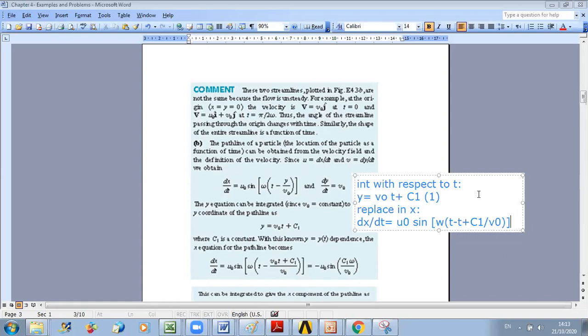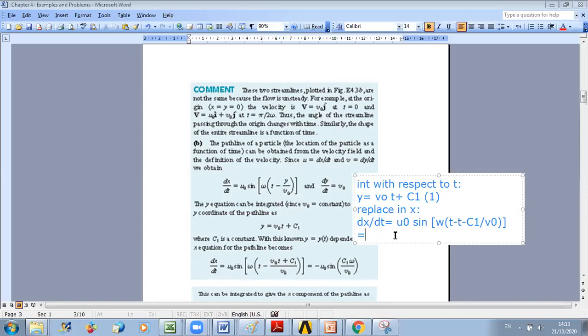So we get that dx by dt is equal to u0. Here, don't forget you have a minus outside, so it's minus c1, because you have a minus outside of y over v0.